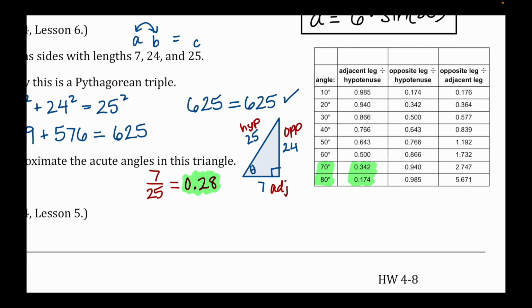Oh, you know what? Let's take the average of those. I'm just going to do some quick math here to help me. Technically, if you gave an answer that's between 70 and 80 degrees, at least in my class, I would be okay with that answer because you are approximating. I like to be a little more specific if I can, so I'm going to try to actually estimate.